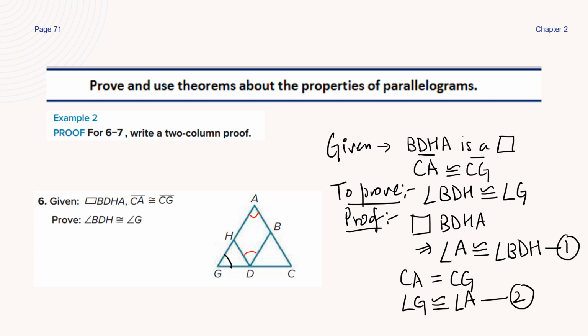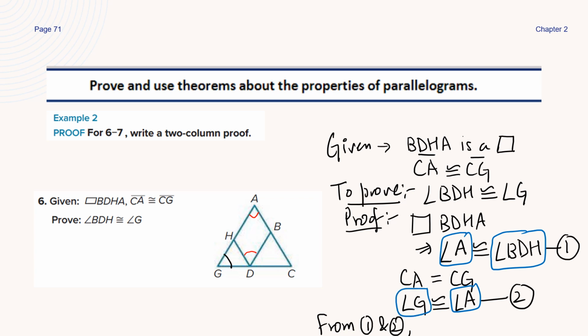Now using the transitive property, since angle A is congruent to angle BDH and angle G is congruent to angle A, both are equal to the same angle A. So angle BDH, from 1 and 2, I hope you're able to understand. See, this is equal to angle A and angle A is equal to this. So for example, angle A is 50.